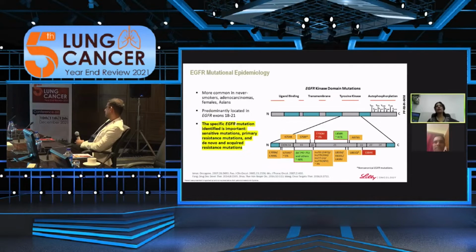This has been one of the prominent themes of this meeting, and also what you just said, wherein different EGFR mutations are now being recognized to behave differently, and you cannot put them all in the same bracket.